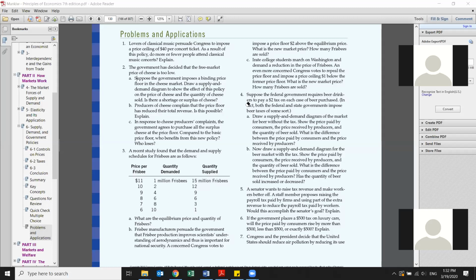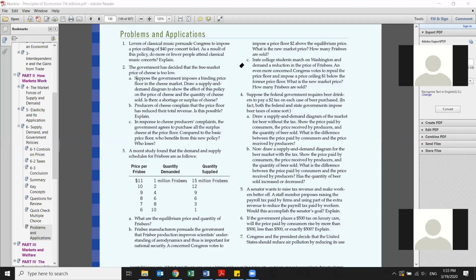And demand is elastic. So remember, when the demand is elastic, a small change in the price will bring a large change in the quantity. If the price floor is set above the equilibrium.